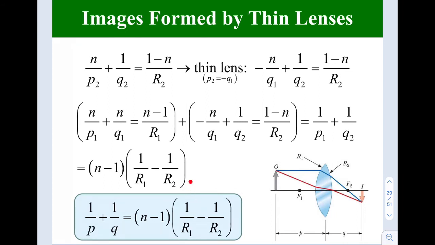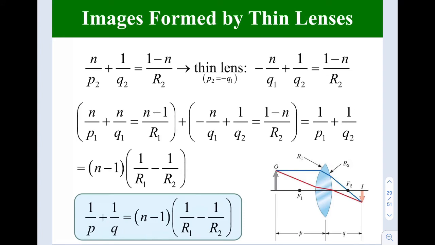The focal length F for a thin lens is the image distance that corresponds to an infinite object distance, just as with a mirror. That means as P approaches infinity, Q approaches F.